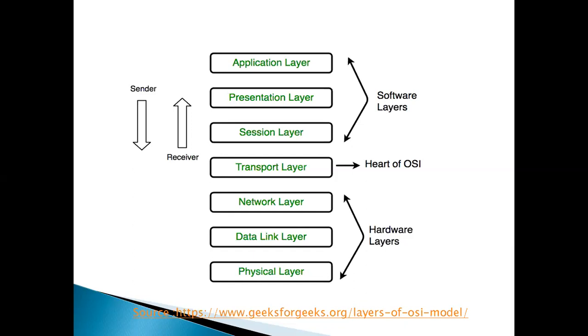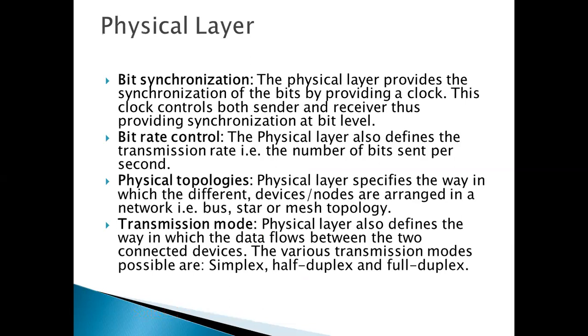The session layer provides authentication, the presentation layer handles data representation, and the last is the application layer. Each layer has some protocols. In this video we discuss the functions of the layers. First, the physical layer.